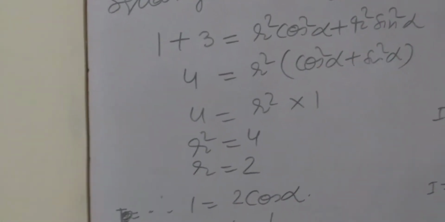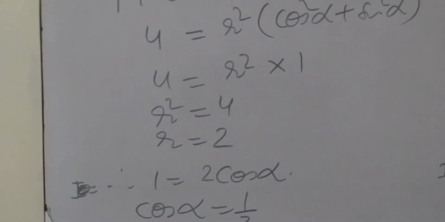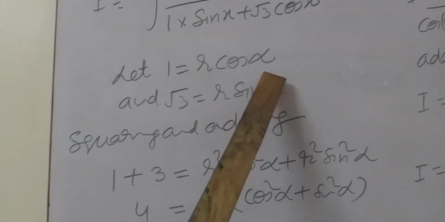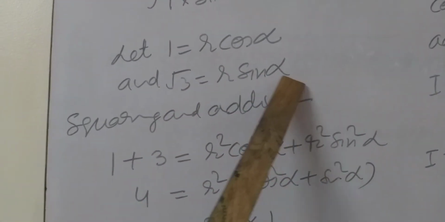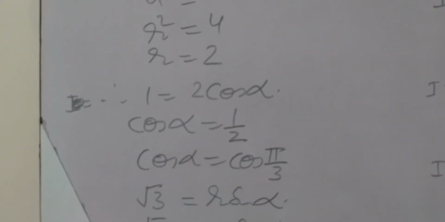That's why I have taken the positive value here. So let us put the r value in r cos alpha and r sin alpha. It will be 1 equals 2 cos alpha, so cos alpha equals 1 upon 2. 1 upon 2 is the value of cos 60, which means cos pi by 3. Cos alpha equals cos pi by 3.